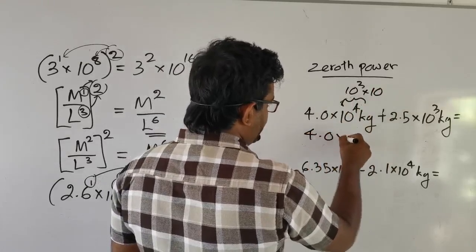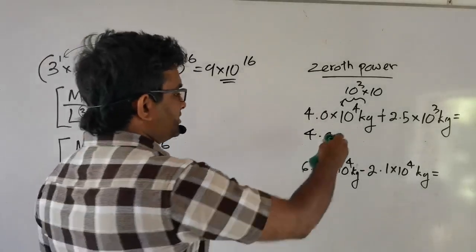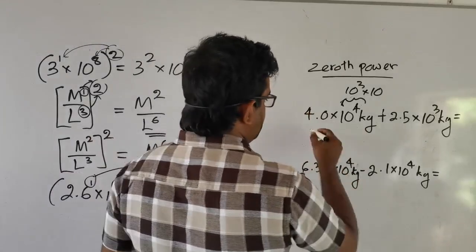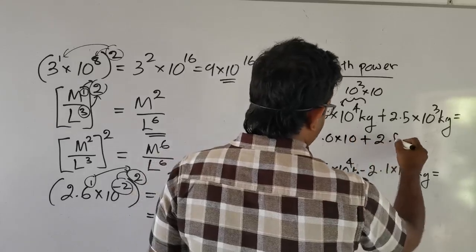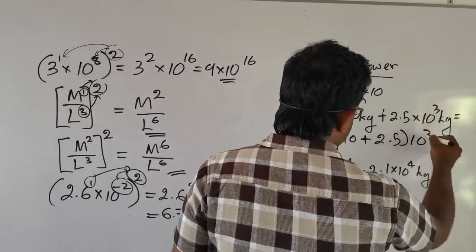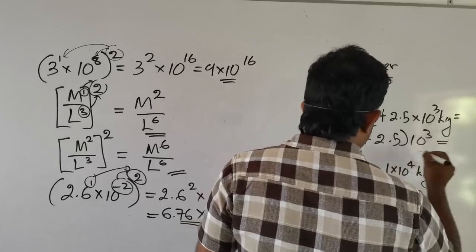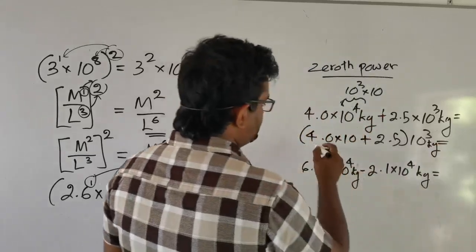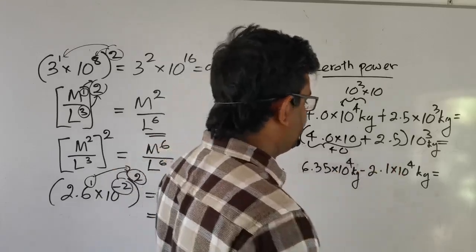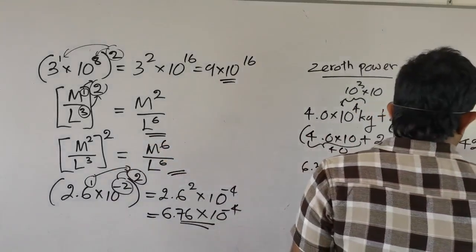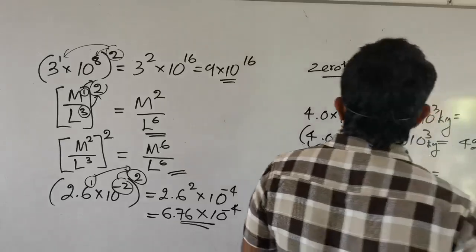Then 4.0 into 10 plus 2.5, here 10 to the power 3 is a common factor. So you can calculate that. This is kilograms. So this is 4 into 10 means 40. 40 plus 2.5 means 42.5 into 10 to the power 3 kilograms, right?